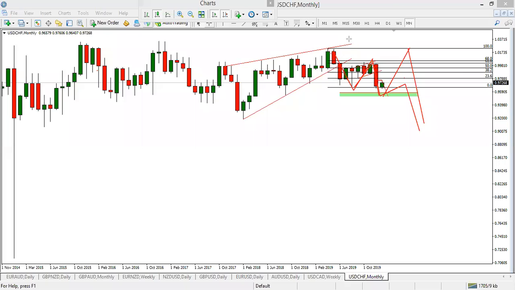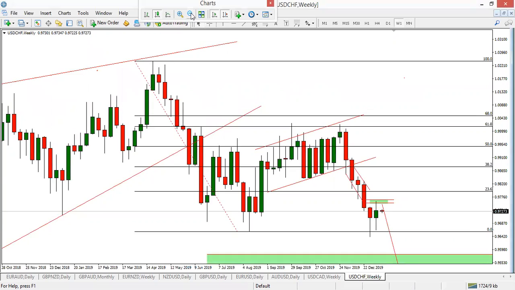So what we want to do now is follow the trend, basically, because this red candle has told us what this pair is doing. So let's break it down to the weekly time frame.